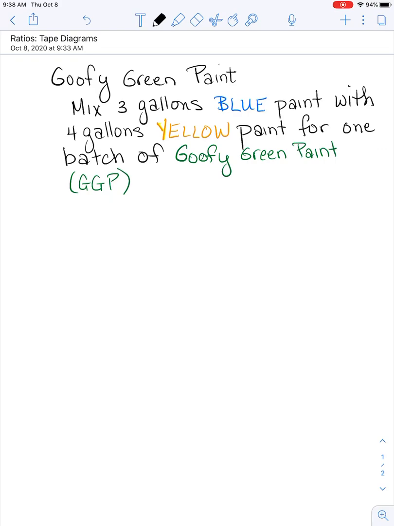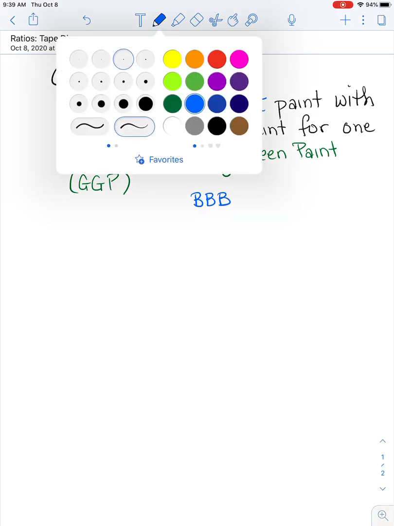Now, I can solve this problem by writing the formula for the recipe for this green paint by doing this. I need to mix 3 gallons of blue, so that would be 1, 2, 3 gallons of blue.